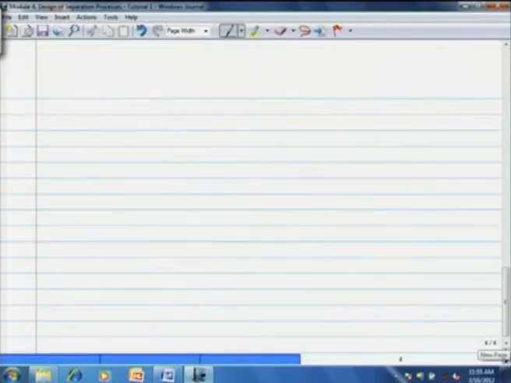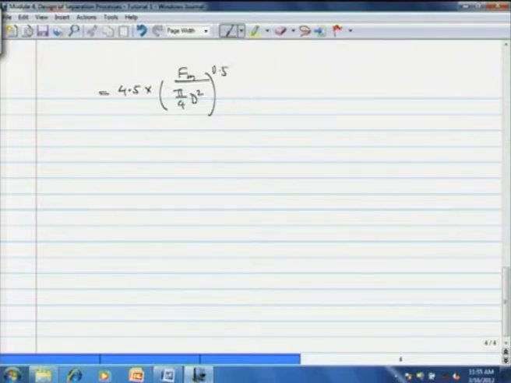We now substitute the expression that we derived for GS just now, 4.5 into Fm by pi by 4 d square raised to 0.5, and after substituting for Fm and simplifying, we get this as 28.75 divided by d. So, that is the height of the tower in terms of diameter of the tower.